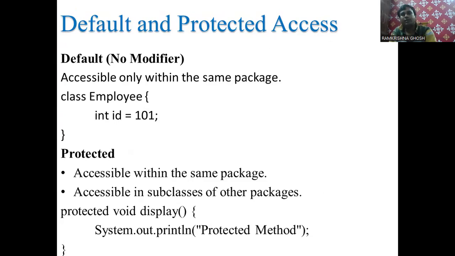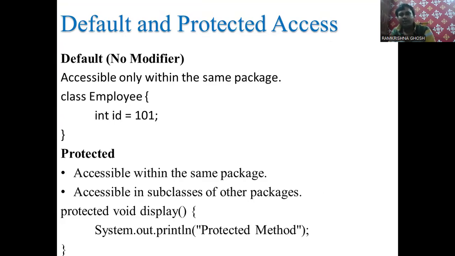Default and protected access specifiers. Default means no modifier is defined. Accessibility only within the same package. Class Employee, int id equal to 101. Default access specifier. Protected, accessible within the same package.